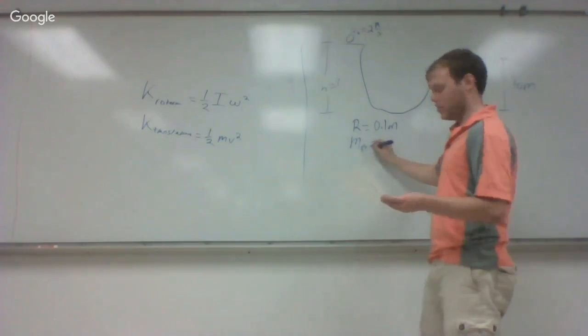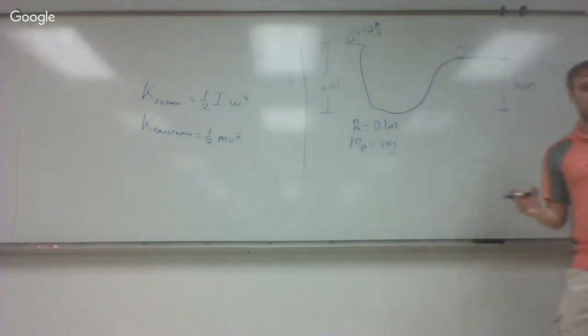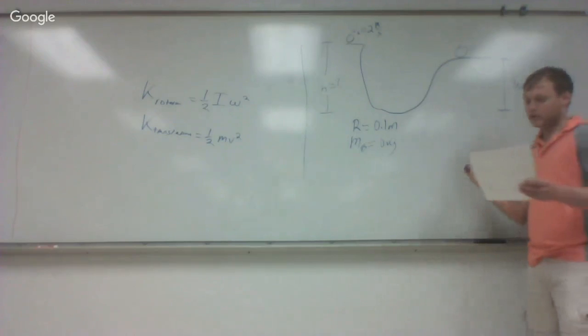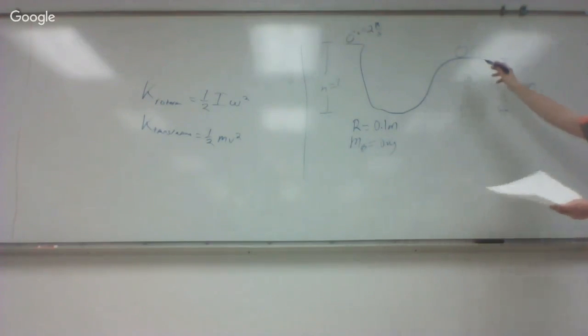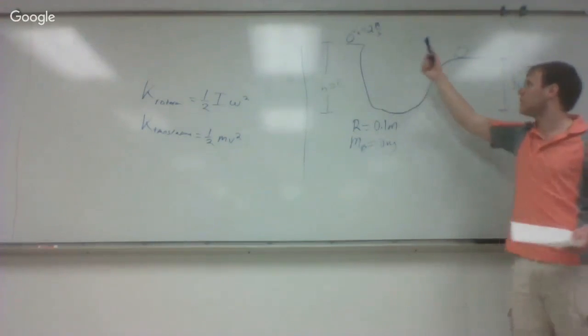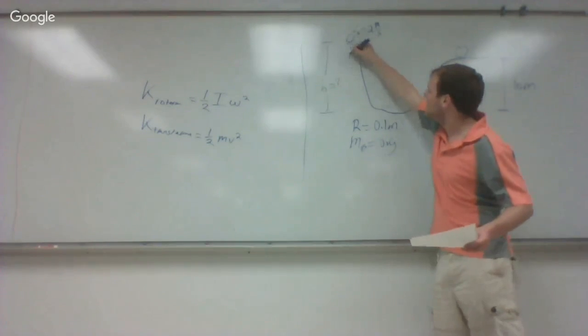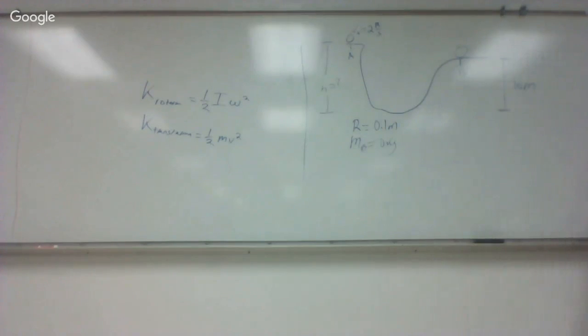Mass of the marble is equal to 10 grams. Heavy. Does that make sense? All we have to do is energy analysis. We have 2 points, right? Well, this point A, this point B. 2 points. No non-conservative forces. Right?